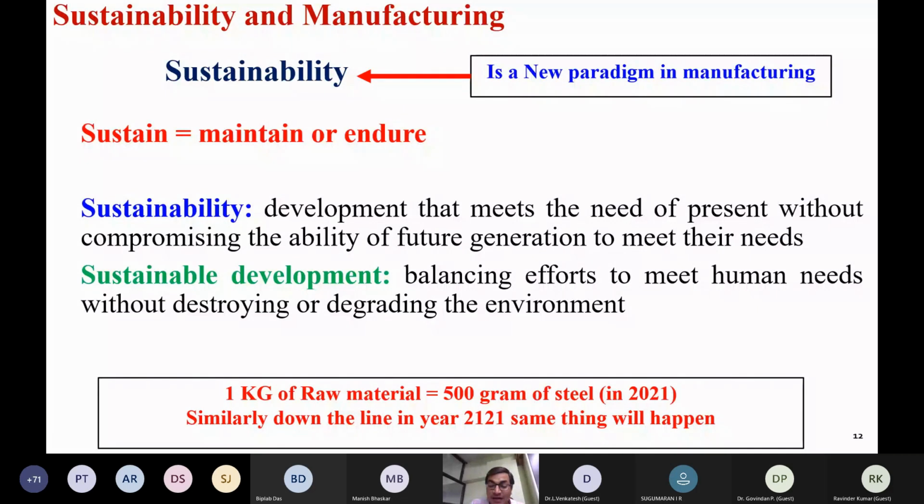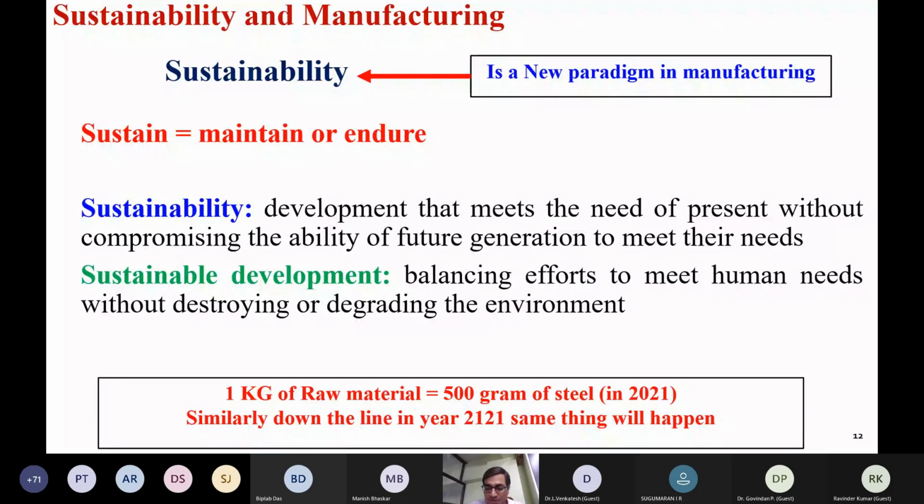Then we should think about how it will happen. That is the responsibility of the current generation, to make our manufacturing such that it may happen in the future also. Future people will not suffer due to improper thinking in manufacturing.